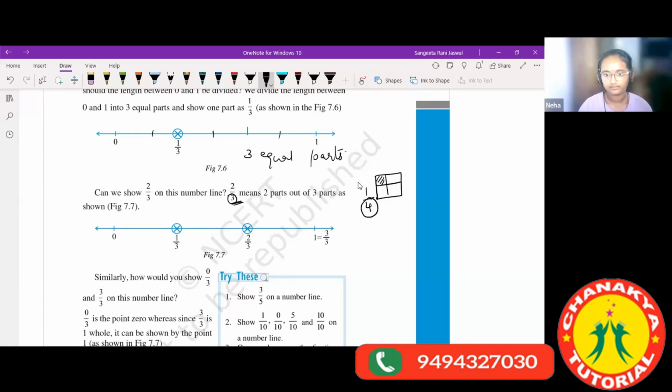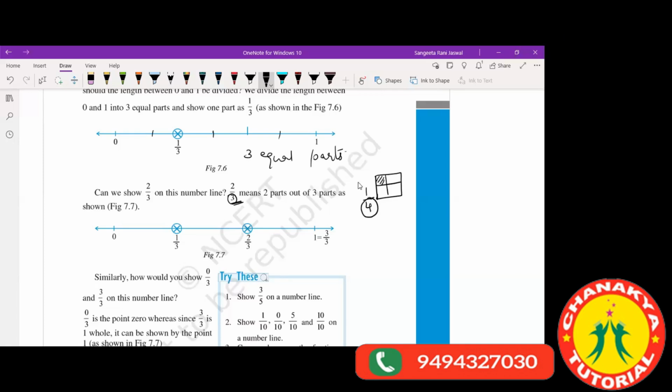So if I have to divide this number line portion 0 to 1, and I want a fraction with the denominator, say, 5, like 2/5, how many are the total parts in this fraction? 5.